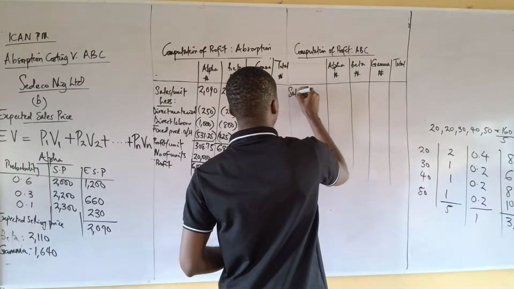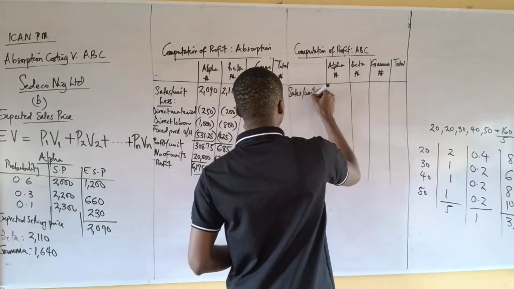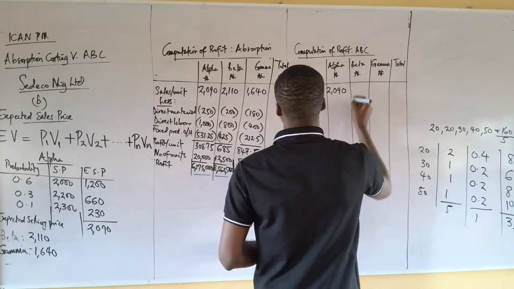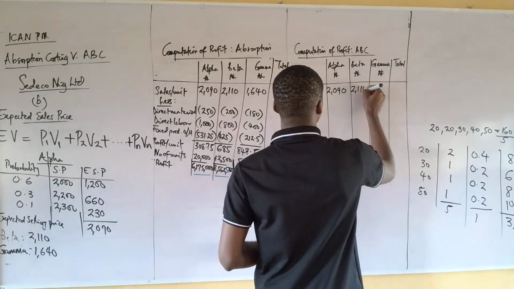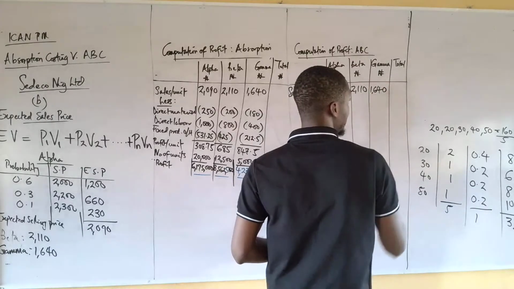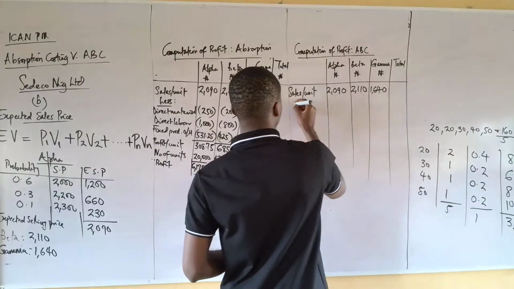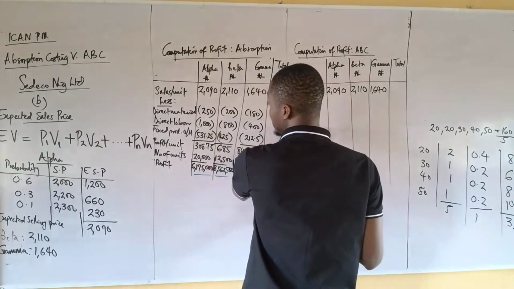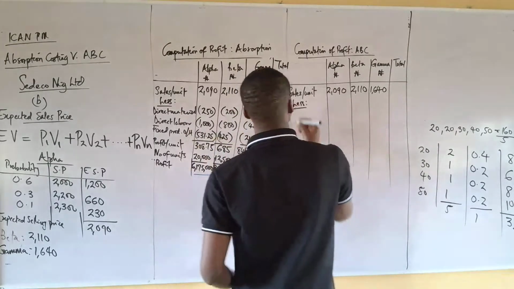Sales by unit. 2, so everything is the same on this side except for fixed production.